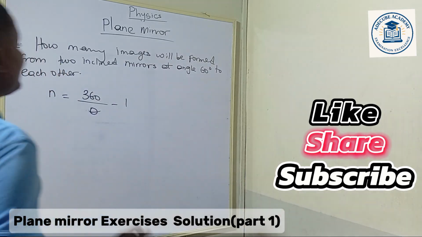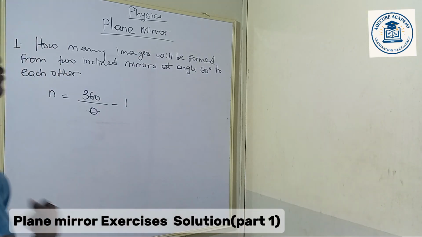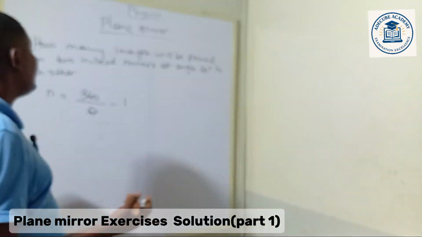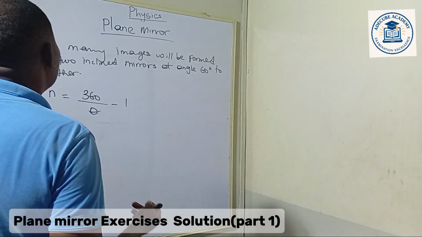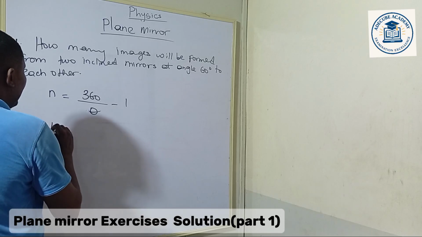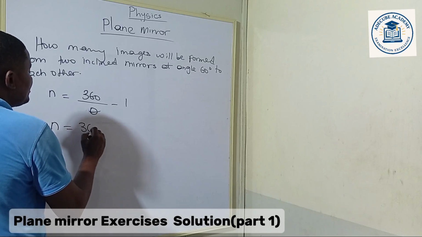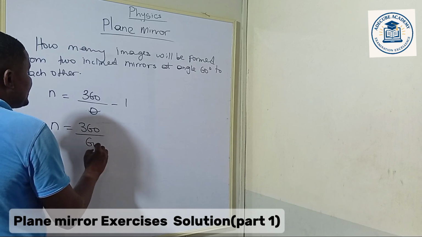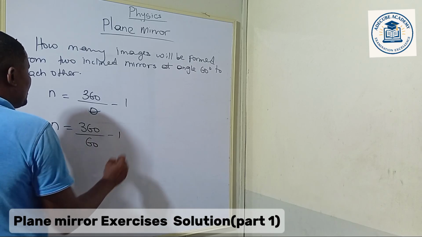Now, theta is the given angle, while n represents the number of images that will be formed. So let's go. We have n equals 360 over, from the question, our theta is 60, minus 1.